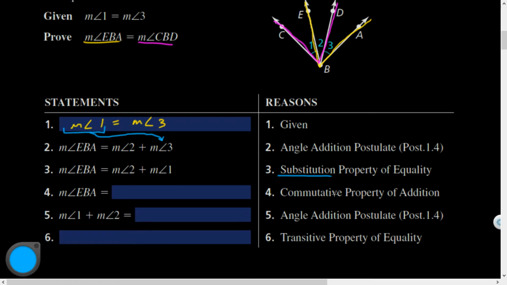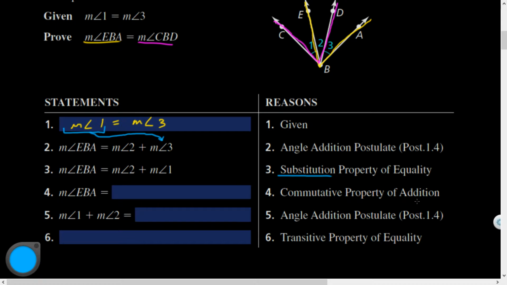You guys better be so thankful I don't make you write those words out fully. I let you abbreviate. You are fortunate friends. I don't even know if it's department protocol, but I'm pretty sure I'm breaking it. Here we go. Substitution property of equality.